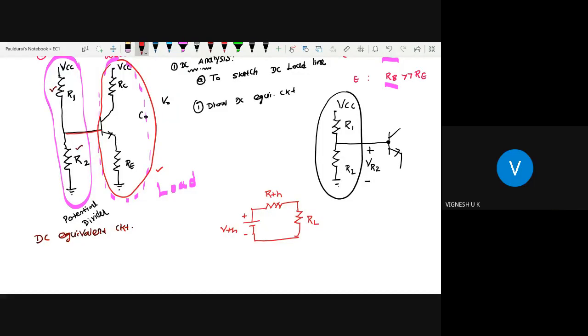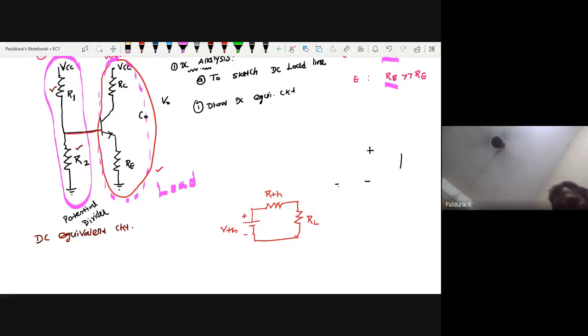Open the load, sir. So what is the procedure to calculate VTH? Procedure first to calculate VTH.